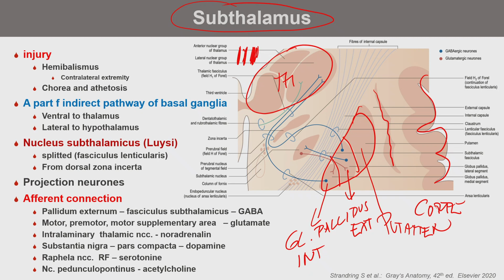We can see here between thalamus and basal ganglia structures which are seen here. Those structures are nucleus subthalamicus. This is nucleus subthalamicus, Luysi. And the second part is a zona incerta.